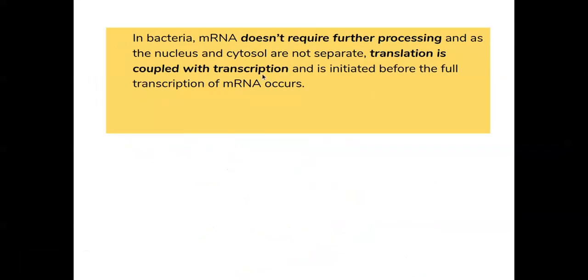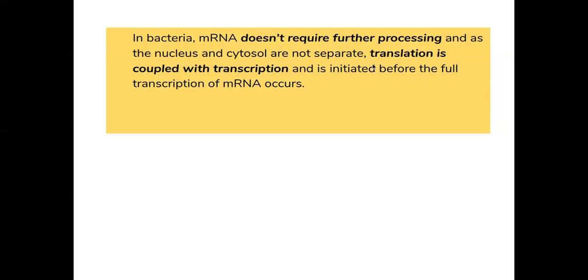Now, a very important point to note is this difference between prokaryotes and eukaryotes. In prokaryotes, mRNA does not require further processing. Once elongation and termination are done, you get your fully functional RNA. No further steps needed. This is one difference. Whereas in eukaryotes, after termination, you have further processing steps, which we will look at.